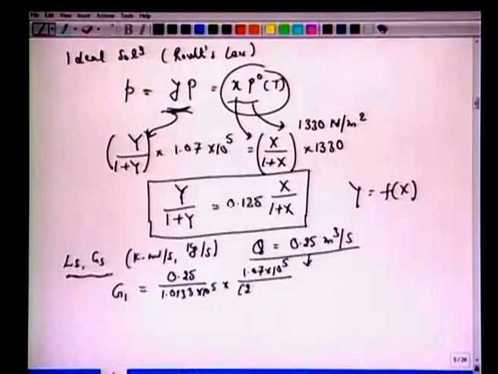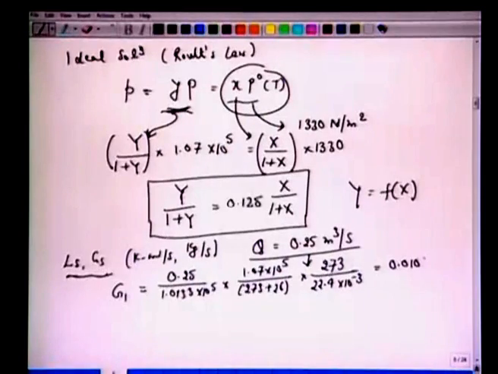Temperature is 26 degrees centigrade, 273 plus 26, multiplied by 273. So this gives normal cubic meter per second, divided by, if you recall, 22.4 into 10 to the power minus 3, to make this 0.01075 kilomole per second. That's G1.